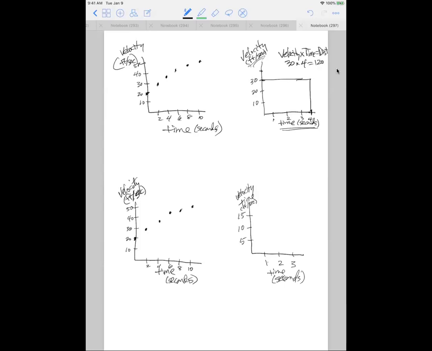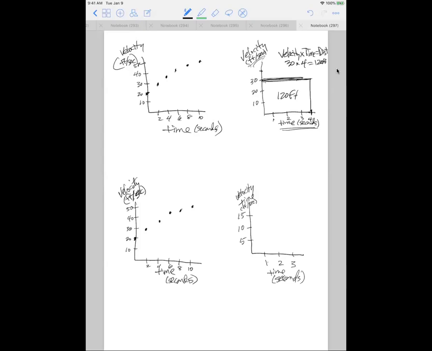The seconds cancel, and you end up with feet for the final answer. We traveled 120 feet total. The rate that was maintained is across the top of the graph, and the area under the curve is actually the amount of change that happened, which is how far you traveled. It's a neat little moment.